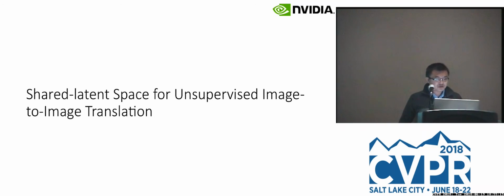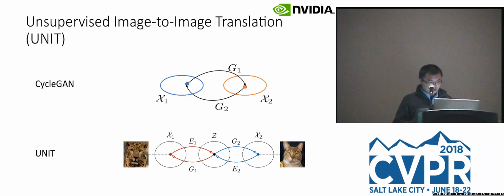So here I'll be introducing our shared latent space. This is the idea. At the top you see CycleGAN. You have two image spaces. With the shared latent space assumption, you assume there's a shared latent space between these two image domains.